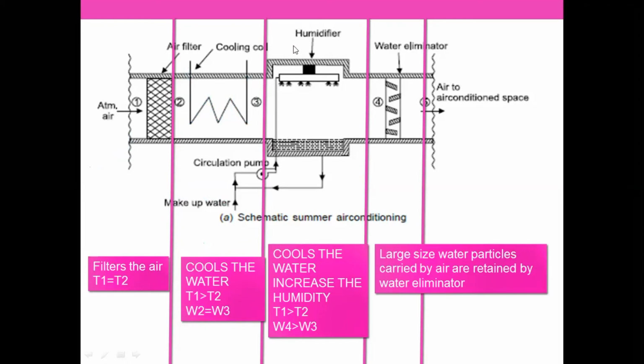In the humidifier, we have to circulate the water through a pump. So this will be circulated through the pipe. This is nothing but a spray-like arrangement. The air will be passed between the spray-like arrangements so that we will be getting some water vapor in it.